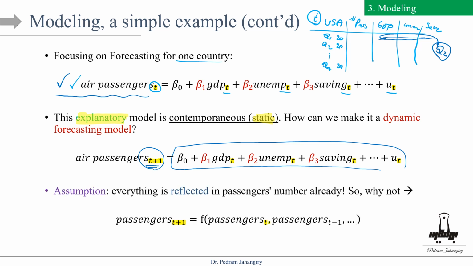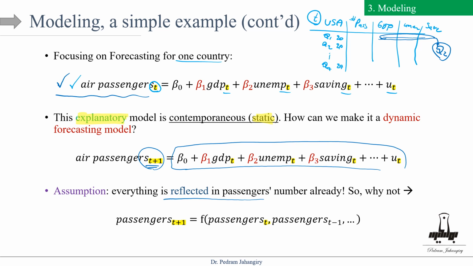Now let's make an assumption. Let's assume that everything is reflected in passenger numbers. I don't care about explainability of this model. I don't care what is the impact of US GDP per quarter on the airline passengers, or unemployment rate or saving. Whatever it is, I'm going to assume it's reflected in airline passengers.